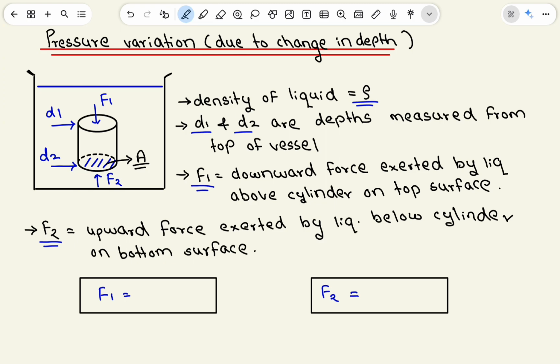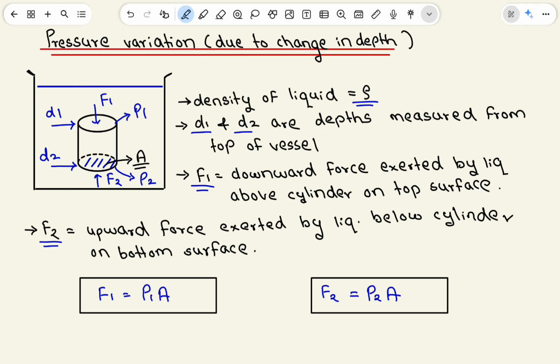Therefore, force can be written as pressure times area. Therefore, I can write F1 is equal to P1 times A, and F2 can be written as P2 times A, where P1 and P2 are the pressures at depths D1 and D2.